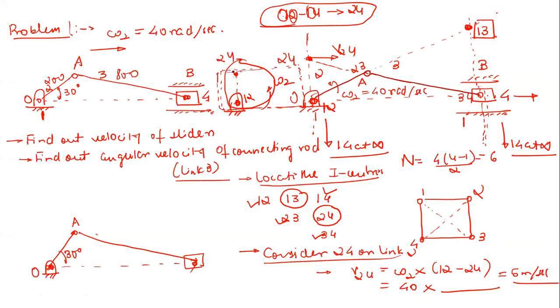And we already have the velocity of this point 2, 4 when we imagined it on link 2. And we know that whether you take it on link 2 or link 4, the velocity of this point is going to remain the same. So that's it, nothing else.